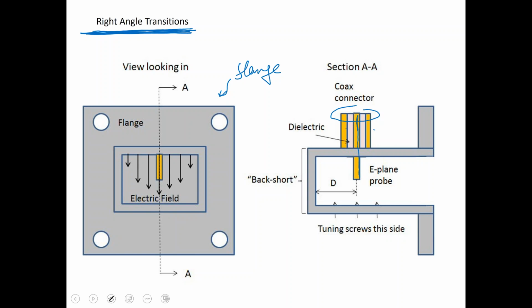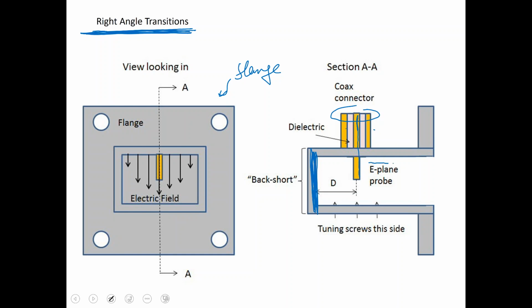So you put a short circuit here, which is another metal on the back side. You put the short circuit to take any wave which is coming backwards and reflect it and send it forwards too.